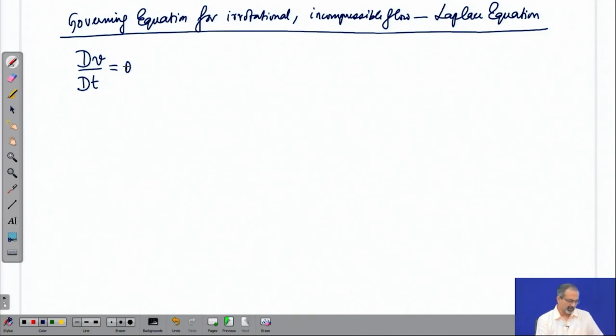And as a consequence, from the continuity equation, you can on one hand show that the governing equation for incompressible flows will be divergence V equal to 0. On the other hand, from this definition itself, we can argue that the divergence of velocity can be equal to 0.